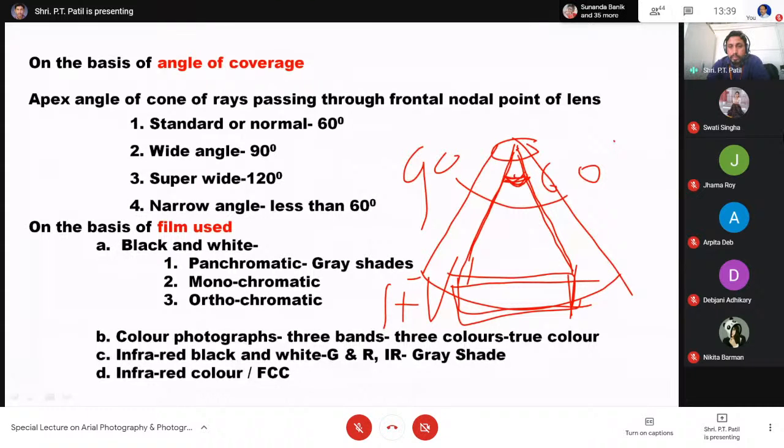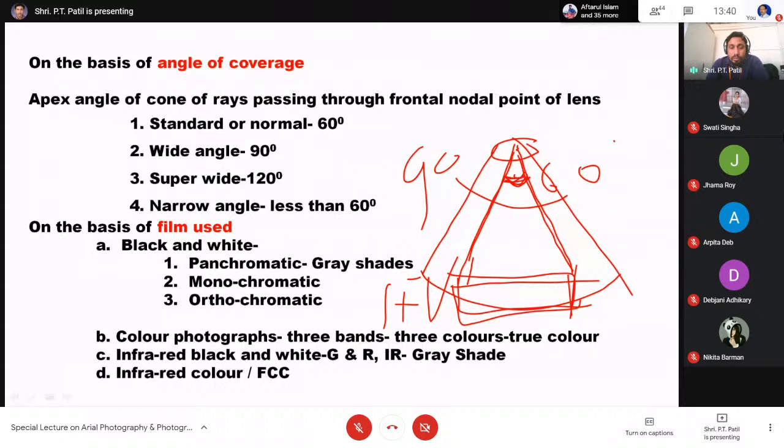Generally, for analysis or photogrammetry purposes, we use the standard angle or normal angle aerial photograph. So most of the aerial photographs we use for photogrammetry are of the normal angle, 60 degrees, the standard angle. On the basis of the apex angle of the cone of rays, the types of aerial photograph are standard or normal, wide angle, super wide angle, or narrow angle aerial photographs.